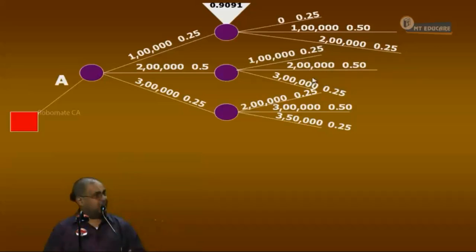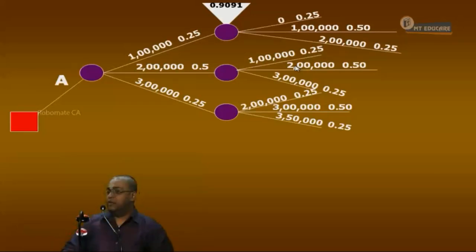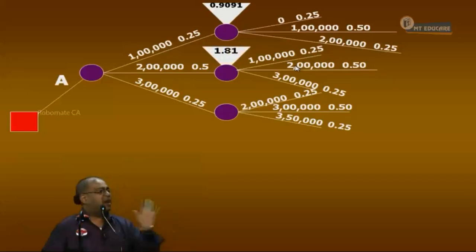Calculator, what is the number? 2 lakhs. I expect the year 2 cash flow to be 2 lakhs. What is it in year 1 terms? Discount by 1 year. 2 lakhs into 0.9091 gives you 1,81,000 odd. I'll write as 1.81 lakhs approximately. Right or not?